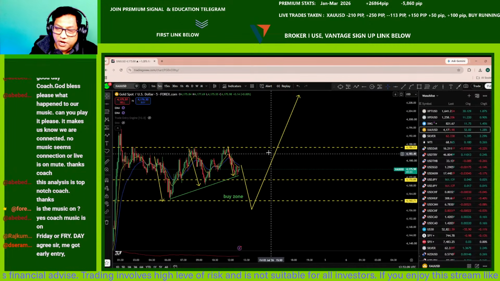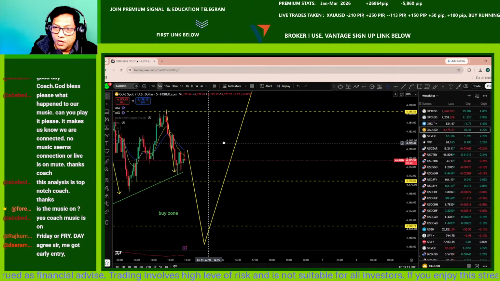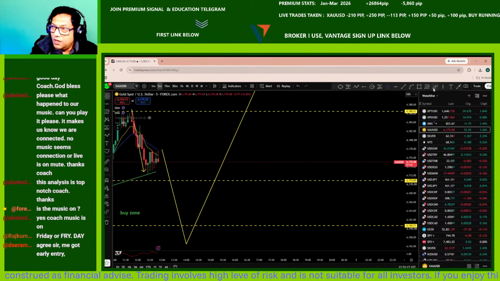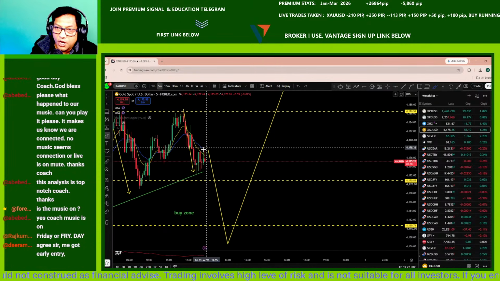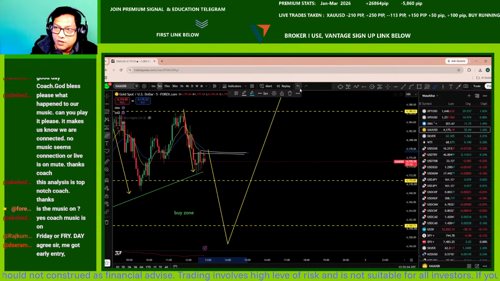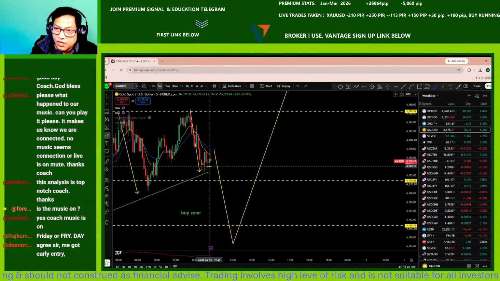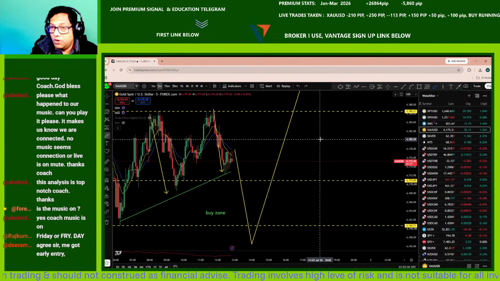You can see the market at that level showing a multiple liquidity zone, which suggests the market structure might be creating that structure and can give momentum back to the upside in this area on XAUUSD.